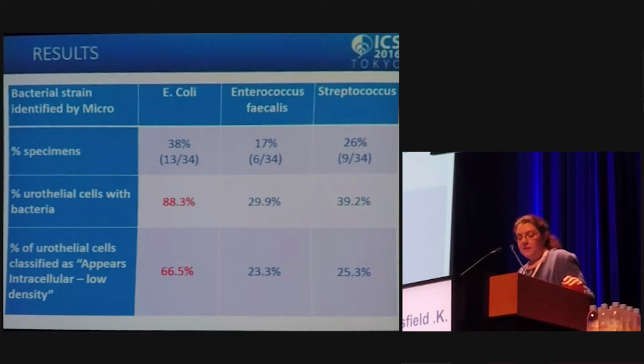Summarising in this table, with E. coli, about 88% of the cells that we examined were associated with bacteria, and about 66% of those appeared intracellular. A smaller number of cells from the Enterococcus and Streptococcus were associated with bacteria, but we still had a reasonable number that appeared to be intracellular.